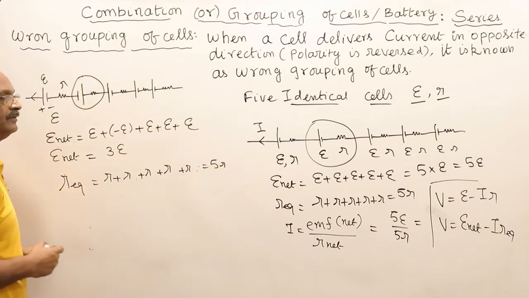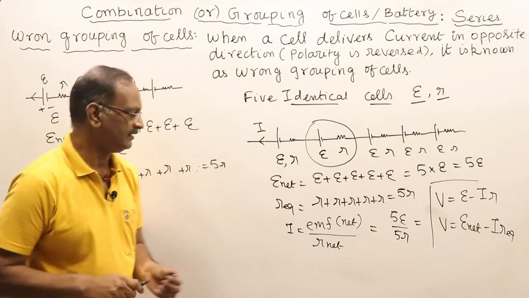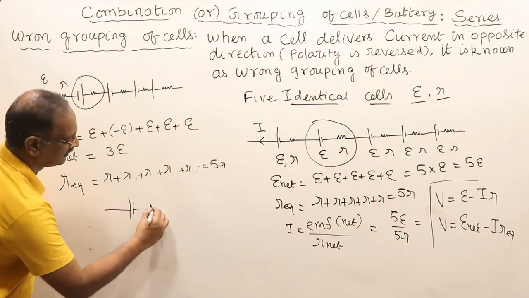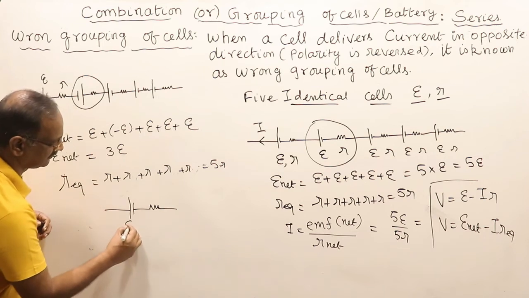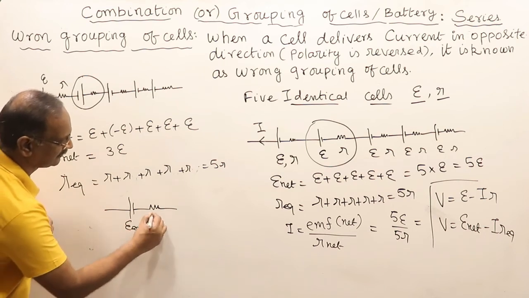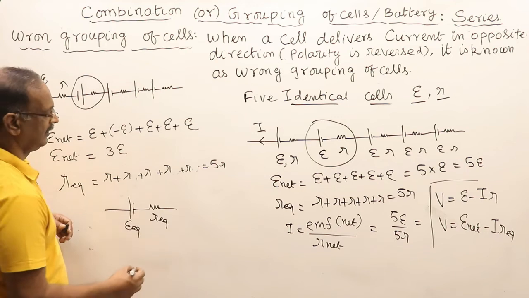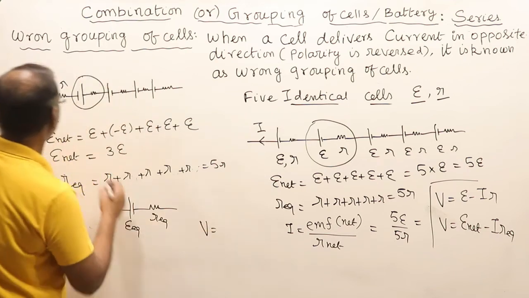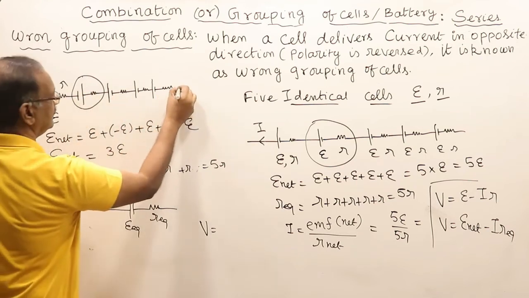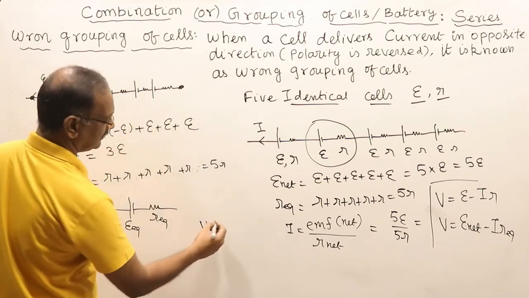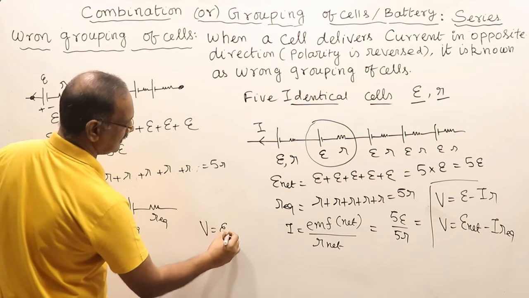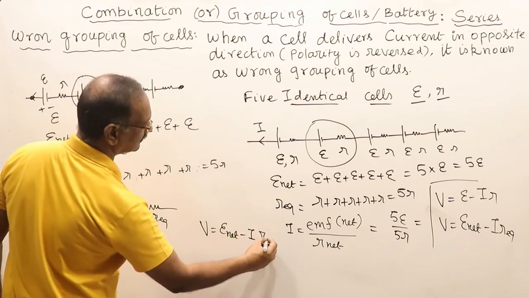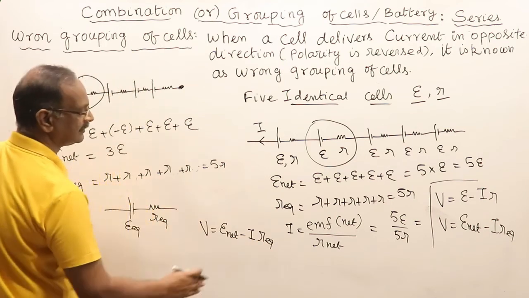Here one thing we have to note: the circuit is like this, with E equivalent and R equivalent, and the terminal potential between this point and this point is equal to E net minus I into internal resistance net, or equivalent.